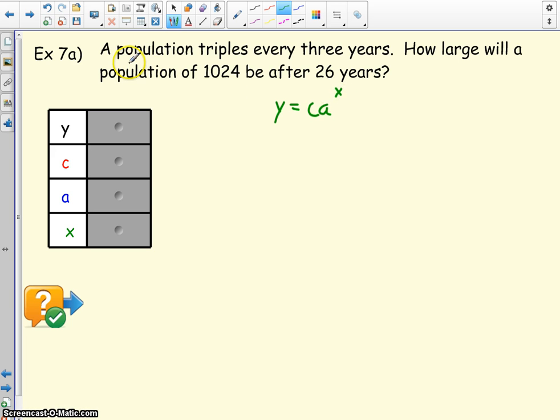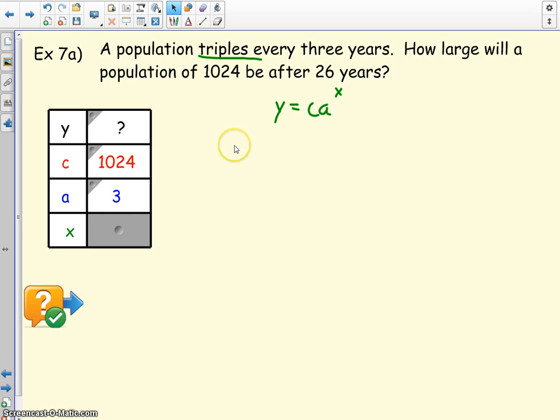Okay, so we have a population tripling every 3 years. So if it's tripling, we're going to use 3 for the base of our power, which seems to make sense. Okay, we start with a population of 1024, so that's going to be my c. Okay, and we're looking for the final population after 26 years, so that's y, that's our unknown.